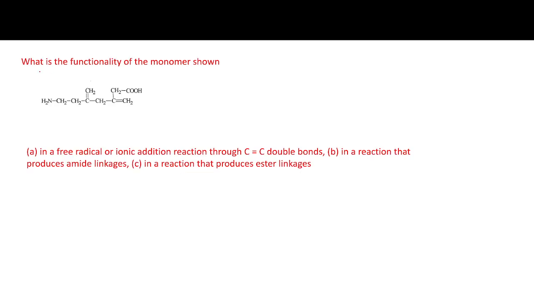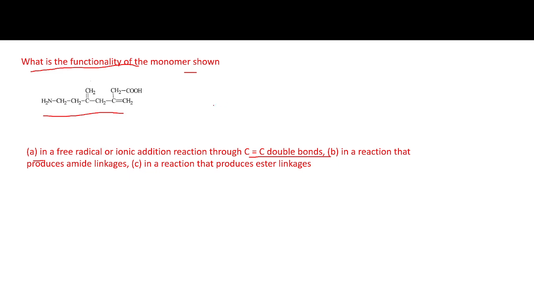Then we have to find out the functionality of the monomer shown here. In the first case, in a free radical or ionic reaction around the C double bond C, what is the functionality?